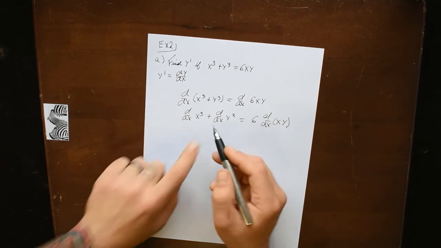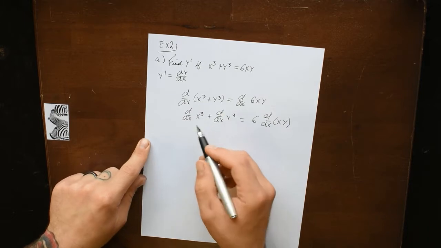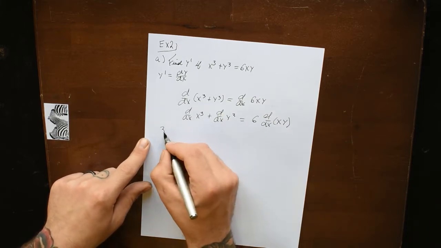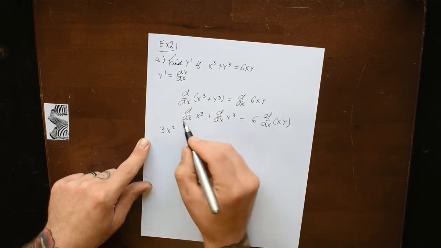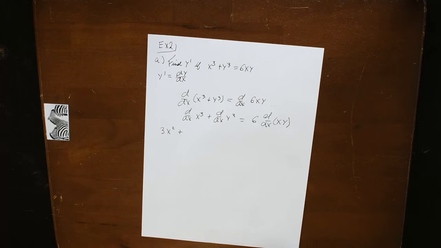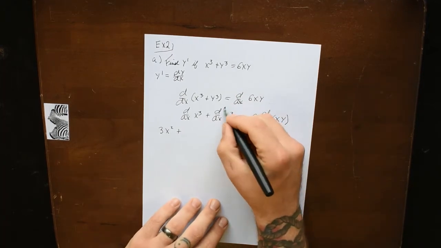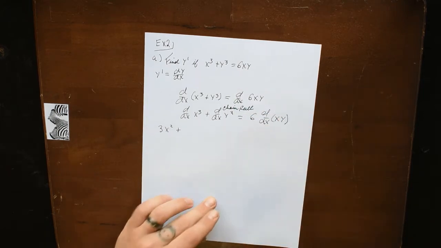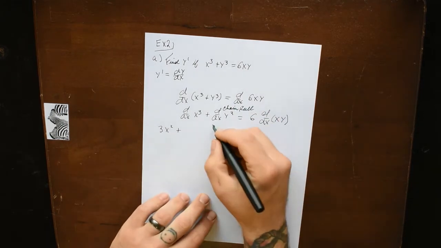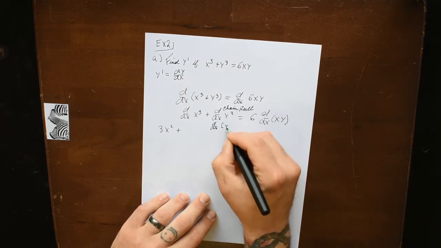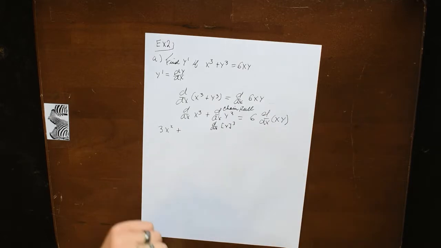The derivative with regards to x of x cubed is 3x squared. Plus, this is going to be a chain rule. This is like the derivative with regards to x of y cubed.